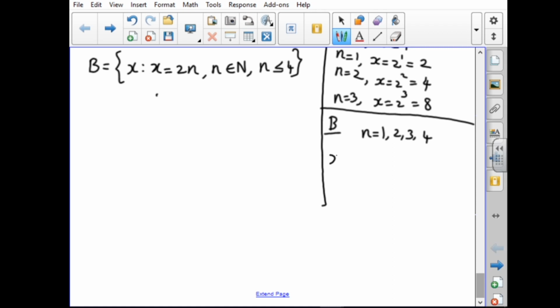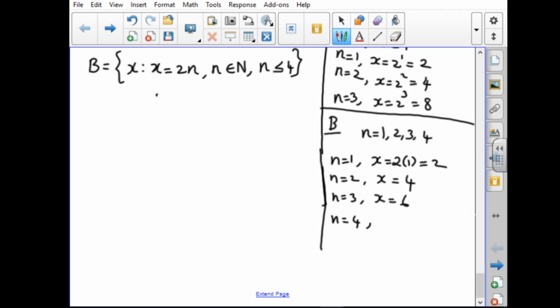So x is equal to 2n. If n is equal to 1, x is equal to 2 into 1, that is 2. If n is equal to 2, x is equal to 4, n is equal to 3, x is equal to 6, and n is equal to 4, x is equal to 8.